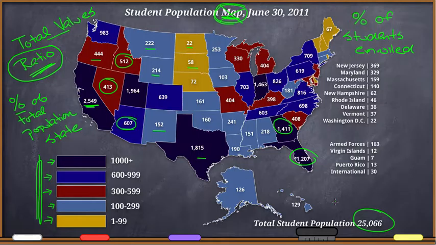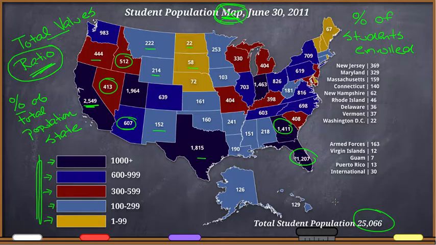So it might be that one state has a very high enrollment based on the percent of its total population, but it might be that other states have very high representation at the school that might be disproportionate to the population of the state, but are highly represented in the student population as a whole. And then maybe you want to know why that is.